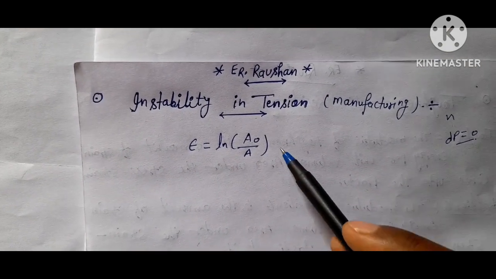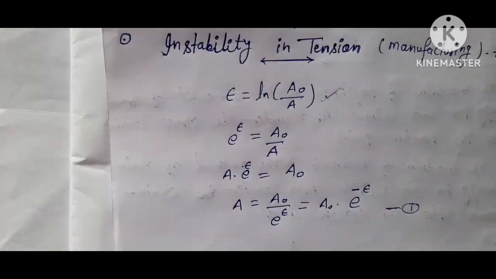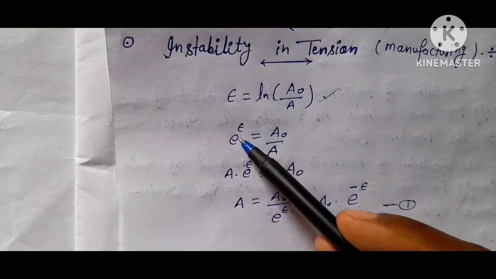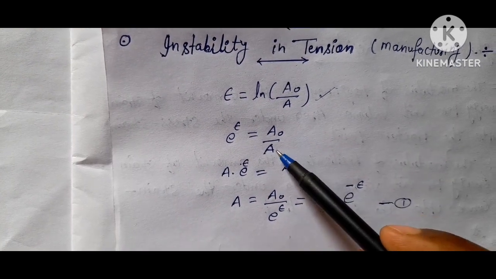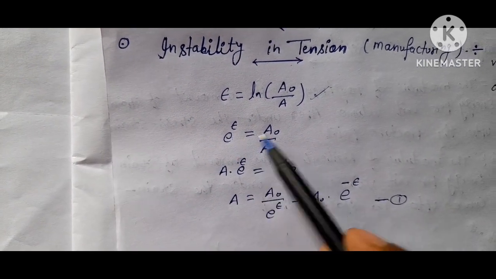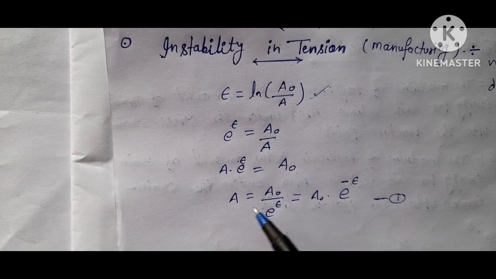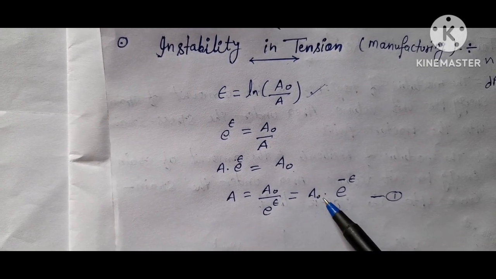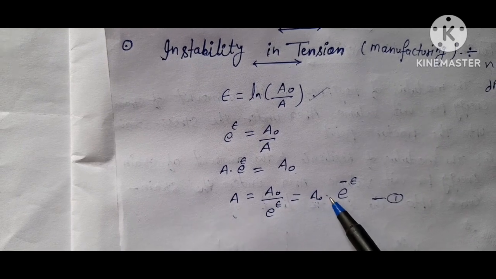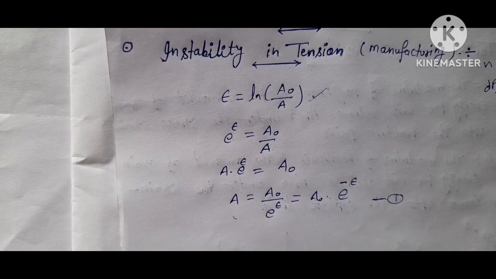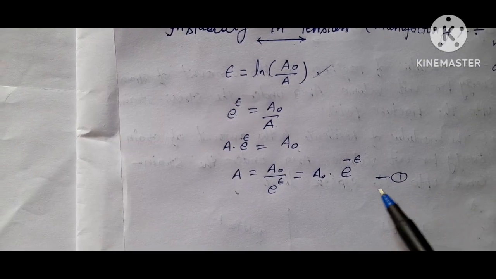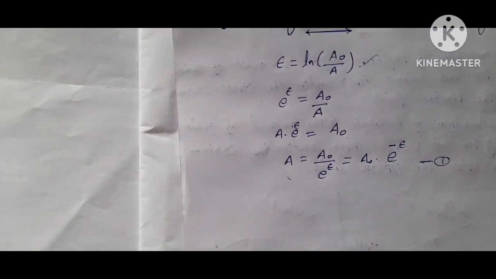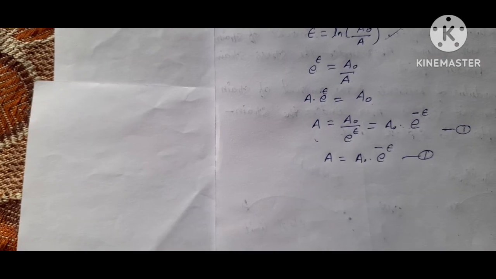If ln(A0/A) equals epsilon, then e to the power epsilon equals A0 divided by A. If you multiply cross, then you get A equals A0 into e to the power minus epsilon. So this is the first equation.